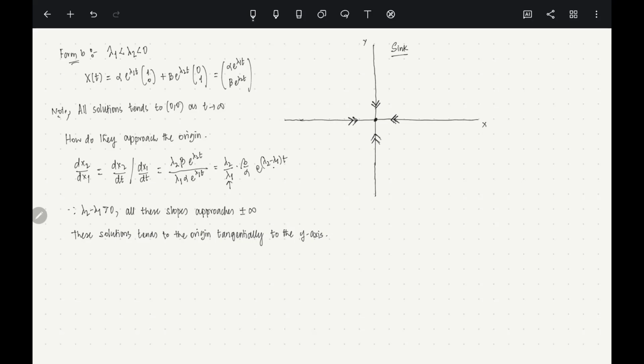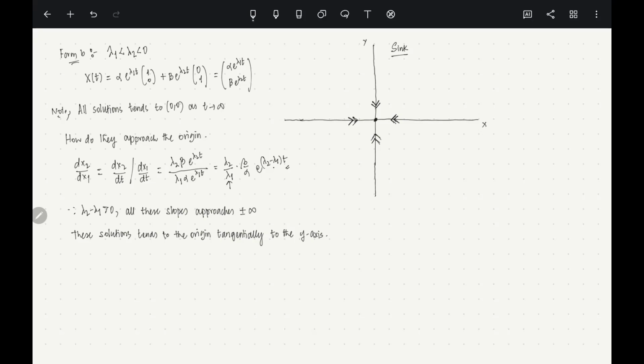So when it moves, as lambda 2 minus lambda 1 is positive, t is starting from minus infinity. At minus infinity, this particular term, e power lambda 2 minus lambda 1 times t, is going towards 0, right?